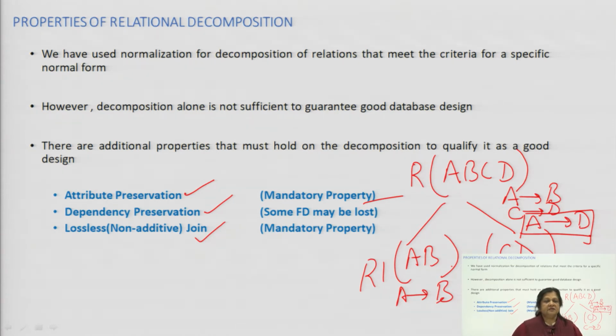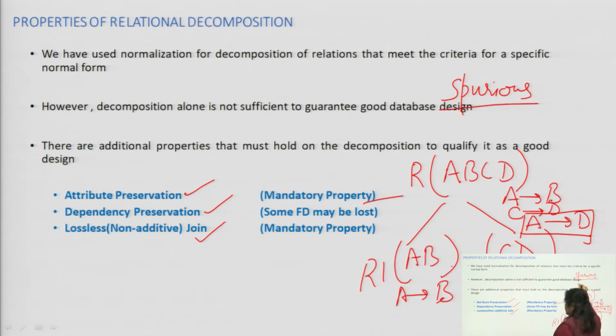We may sometimes get additional, or what we call spurious, tuples, which obviously also means that on performing the join we are not getting the original information that was there in the original relation. So, that is known as lossless join, and obviously when we perform a join of the decompositions, then we need to get the original data back.